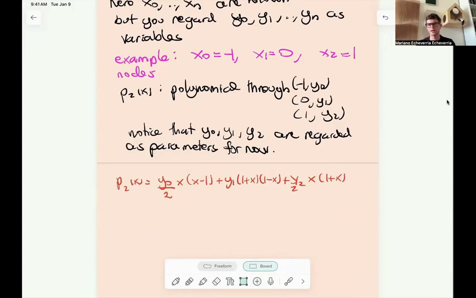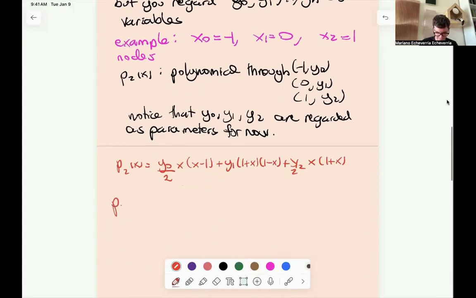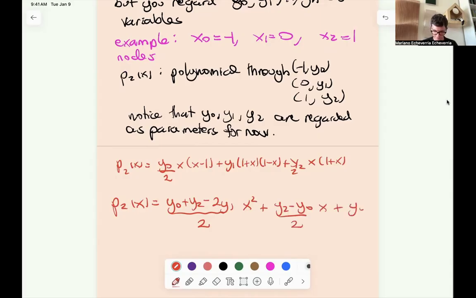If you recombine it, this ends up being the same as (y0 + y2 - 2y1)/2 times x squared plus (y2 - y0)/2 times x plus y0.